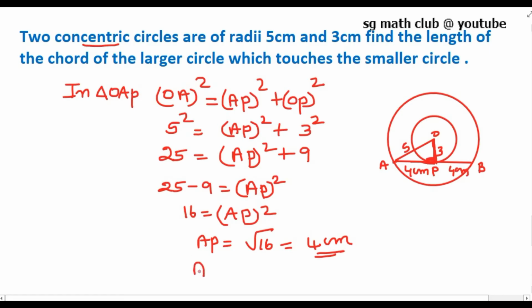So the total length of AB will be 4 plus 4, which is equal to 8 centimeter. So this is how, using the Pythagoras theorem, we have found this length AP, and since the perpendicular from the center to the chord bisects the chord, we can say that AB is 4 plus 4, 8 centimeter.